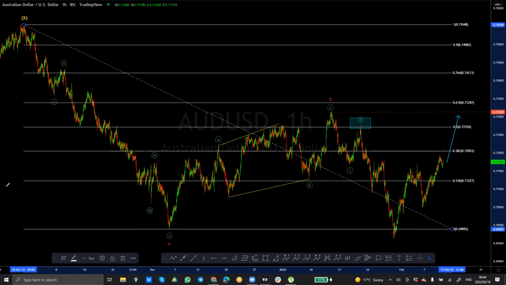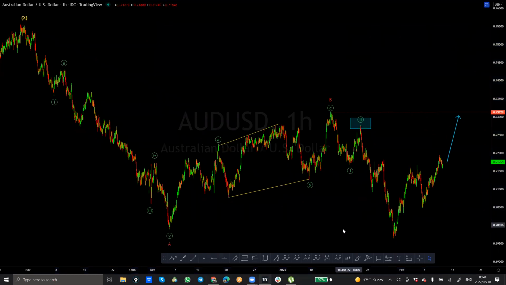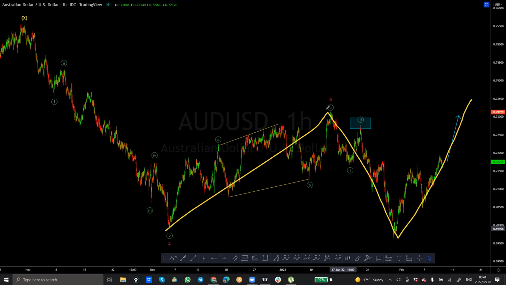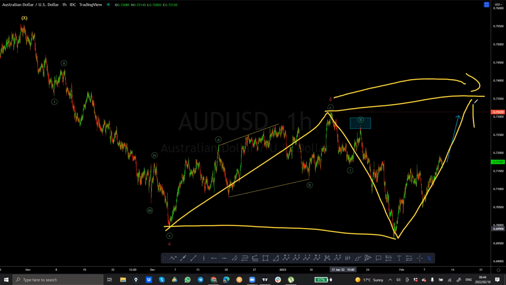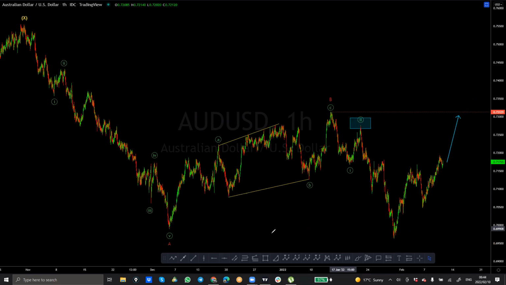It's possible, however, to still have B up there if this gives us a running flat correction or an expanding flat correction of some sort like this. We could still have our B there before we get our move within C lower, okay? Within C of Y, that's X, we'd be expecting Y in yellow lower somewhere here, right?